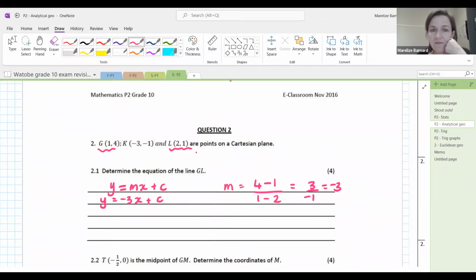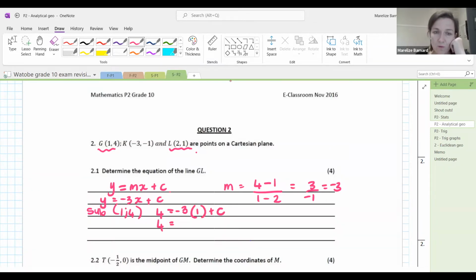We're not going to divide, but we are going to sub in a point. So we can sub in either G or L for x and for y, because that means I'm only going to have c left. So I'm going to sub in G, which is (1; 4). So that means my y is 4 and my x is 1. And that's going to be very helpful to solve for c.